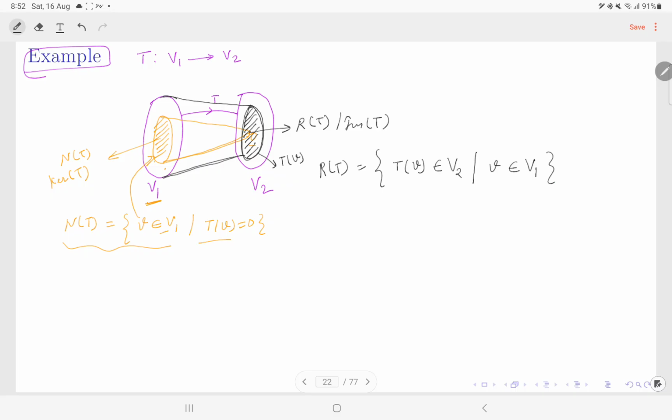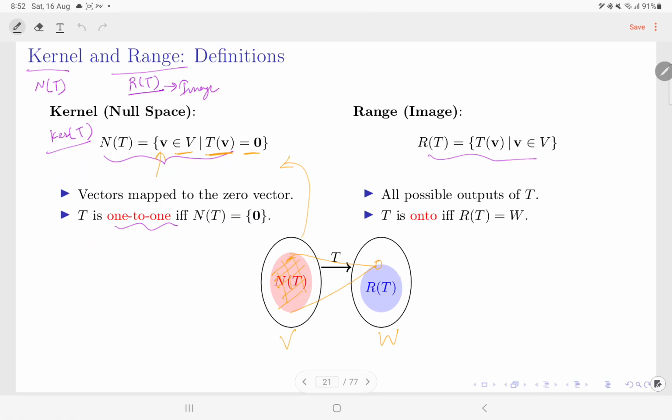Does this make sense to you? Okay, let me give you the previous definition. Range of T means we are looking at all these elements TV. So we are looking for this vector RT, which maps all the elements of vector space V1.